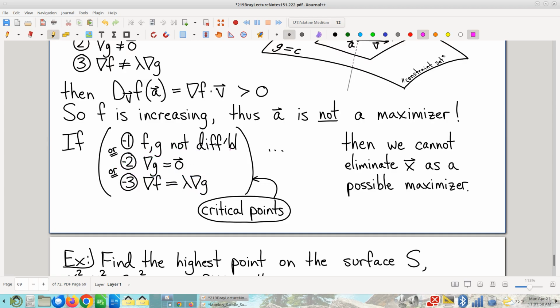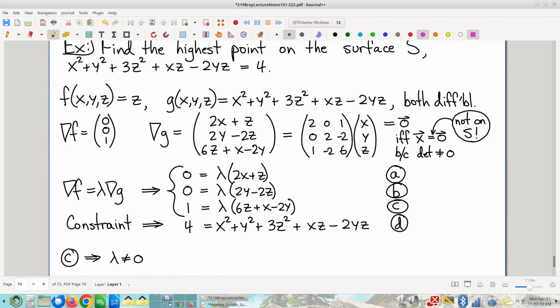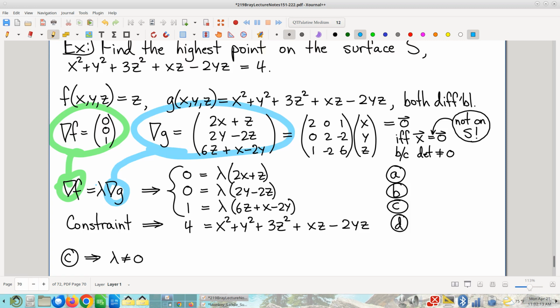Okay, lastly, we got to look at this oddball little vector equation. So we look at these two gradients. Here's our objective gradient. Here is our constraint gradient, and saying that the one is a multiple of the other gives us that. It gives us those three equations.